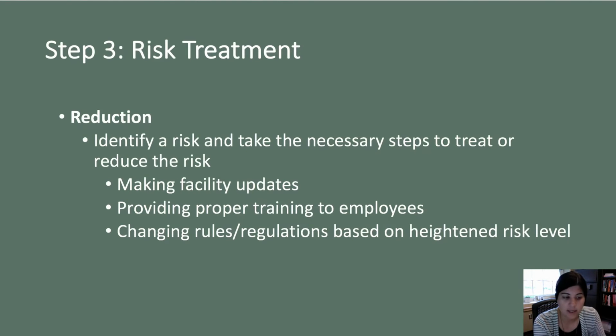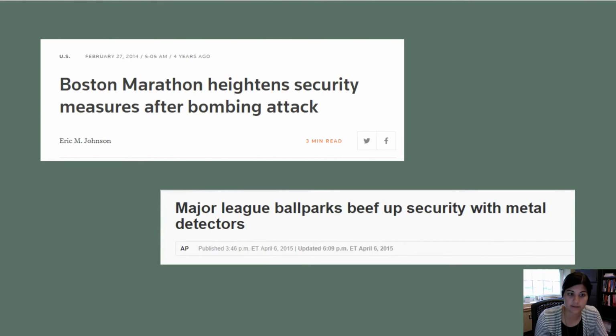They've noticed that there's this growing concern for something like CTE, so they've changed the way that young boys in particular are playing football at a young age, taking away a lot of the tackling and trying to minimize that risk or at least reduce it. Again, with reduction, you're not completely eliminating a risk, you're just taking some steps to reduce that risk.